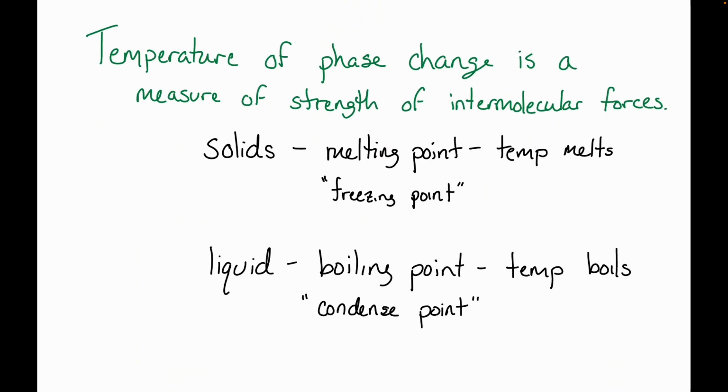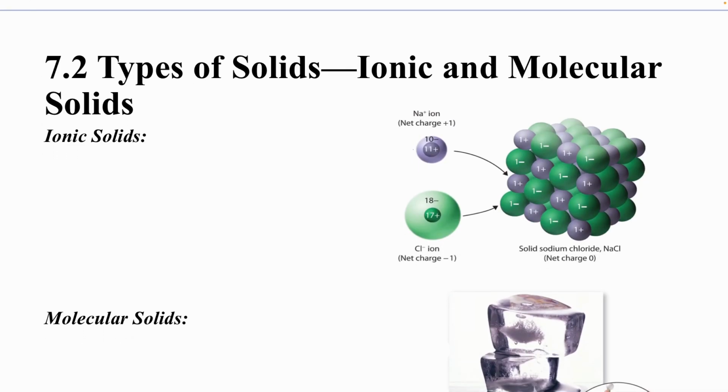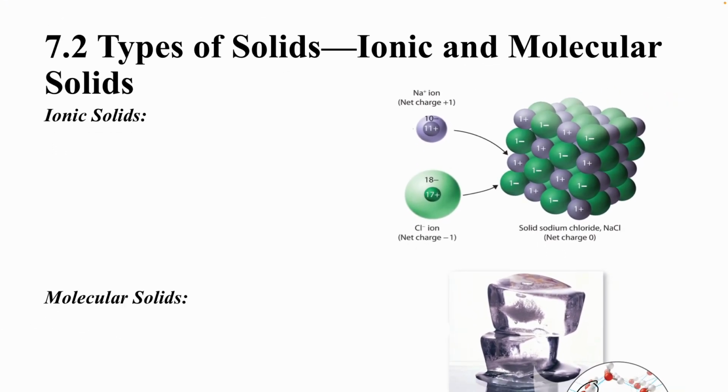We're going to talk a little bit more about solids here. We've talked about how we have two different types of compounds. This goes back to the very beginning of the course when we were talking first about nomenclature and being able to look at a compound's formula and identify whether we were looking at an ionic or a covalent compound.